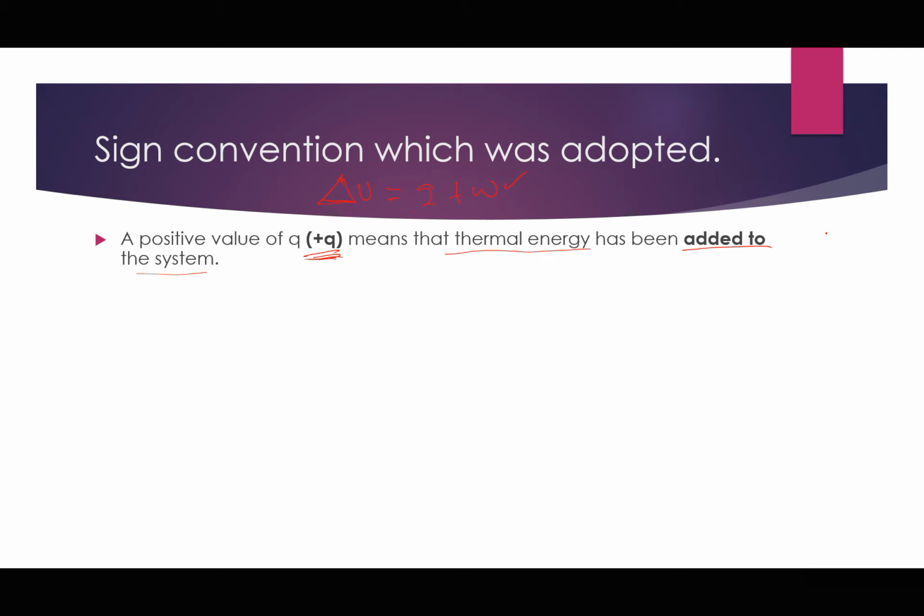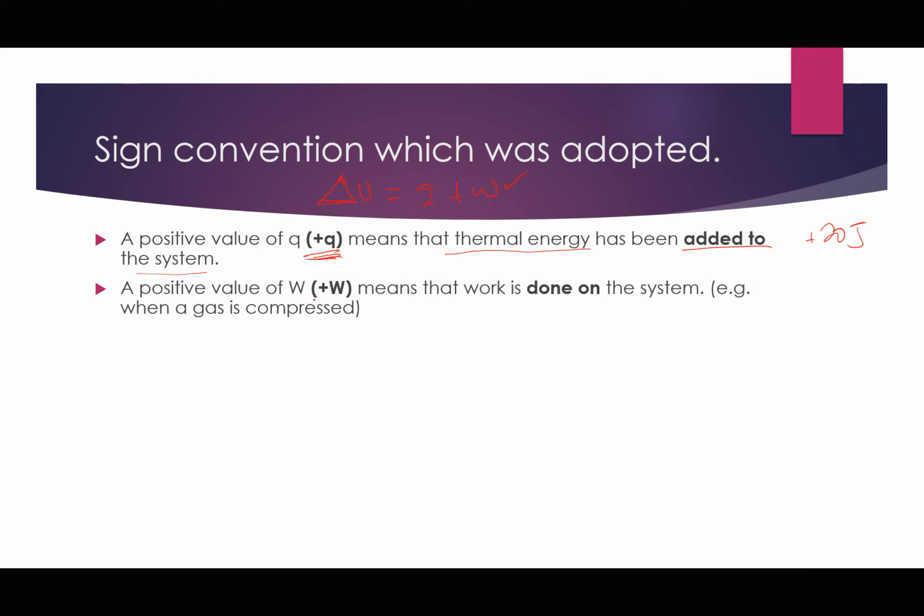If they say 20 joules are used to heat the gas, because it is added to the gas, this will be positive. Number two, a positive value of W also means that work is done on the system. If we say the gas is compressed by 20 joules, this will be positive. This is added to the system.